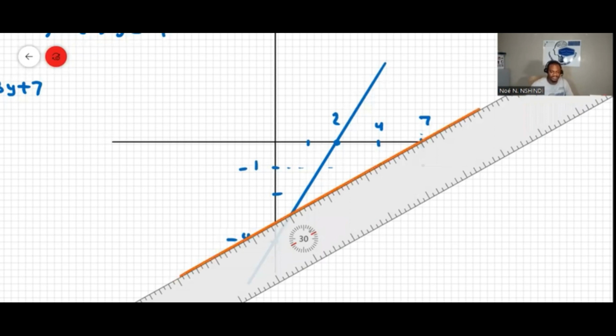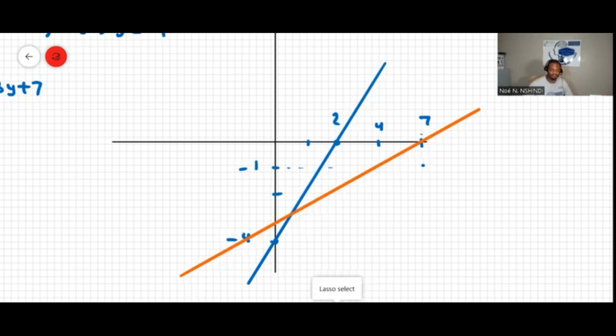So this is the point of intersection. This is the line 4x minus 2y equal 8, and the other one is the line x minus 3y equals 7. So yeah, this is how the graph may look. This is the point of intersection. Thank you.